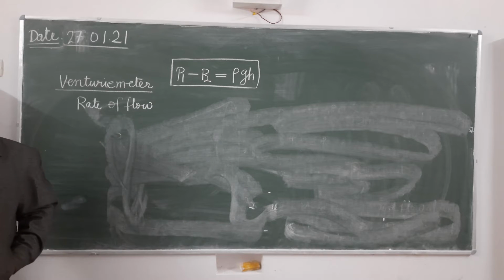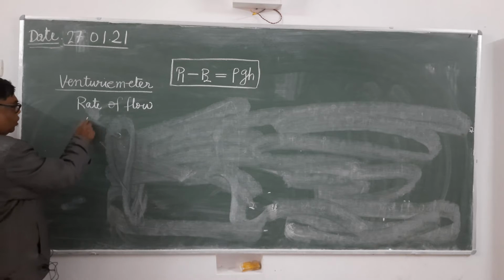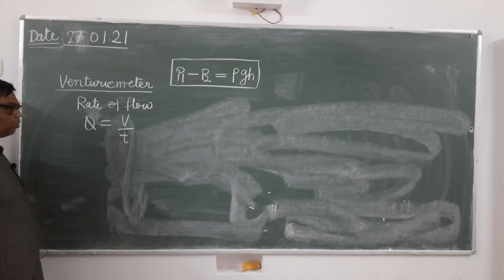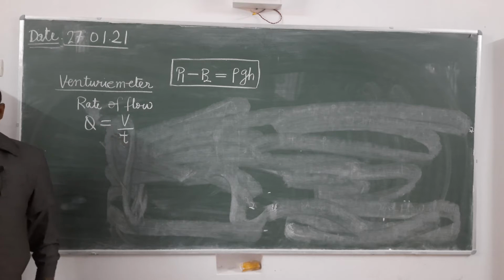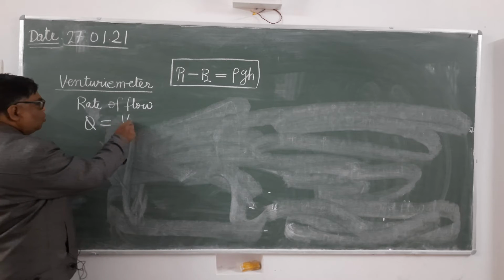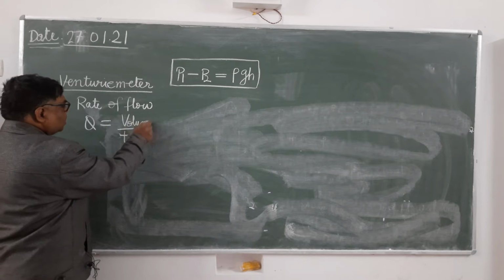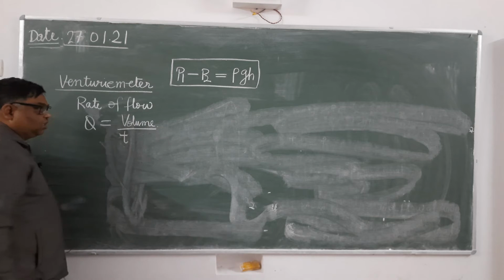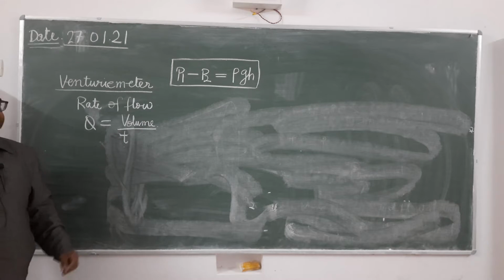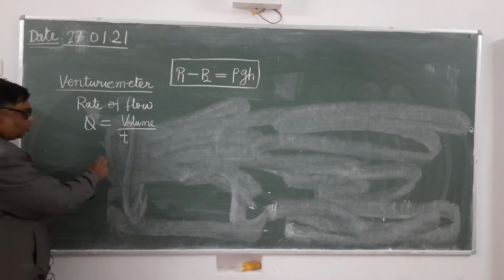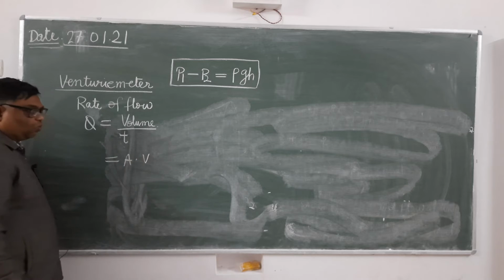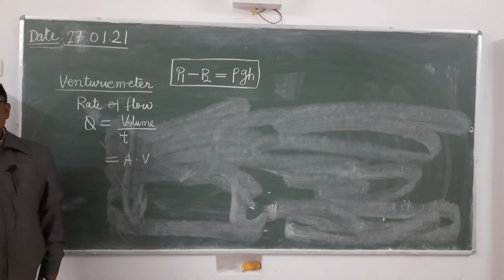Volume of liquid flowing per unit time, Q equals V upon T. How much volume of liquid passes through any cross section in a given time, this is volume, this is not speed here. It is clear. Volume of liquid passes through any cross section, and I already know that it is equal to what? It is equal to area of cross section into velocity of flow.